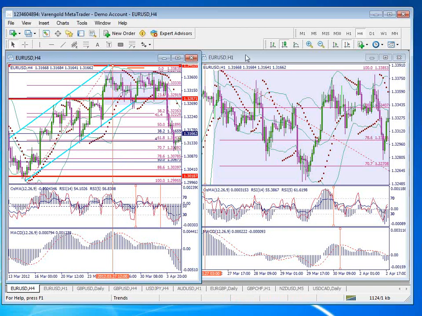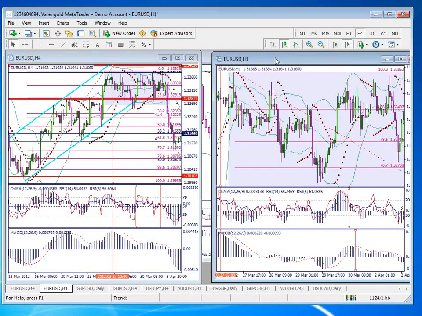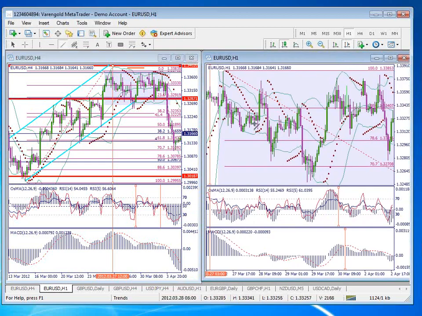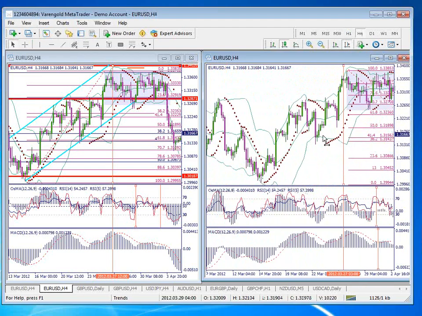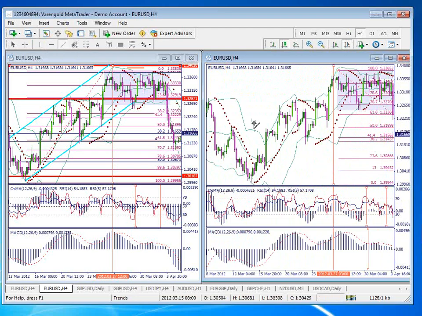This is something normal. We have to follow this channel on the 4-hour chart, but also, of course, we have more signals on smaller time frames.